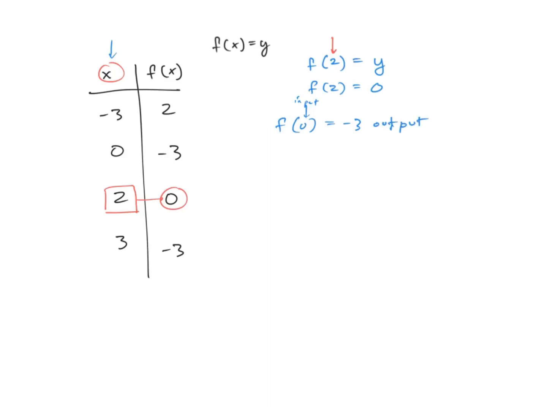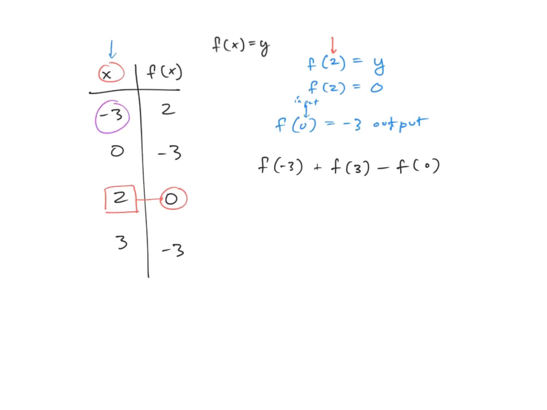And then if you're given something like, what is f of -3 plus f of 3 minus f of 0? Let's do all that. All you're doing is, let's do this one in purple.